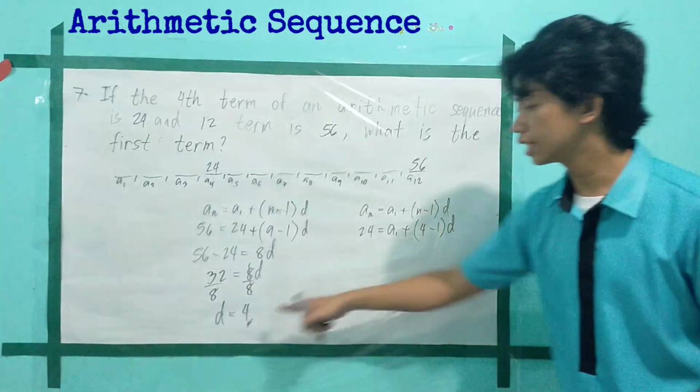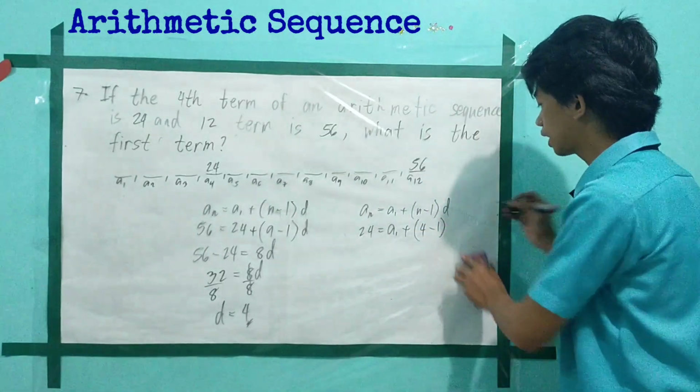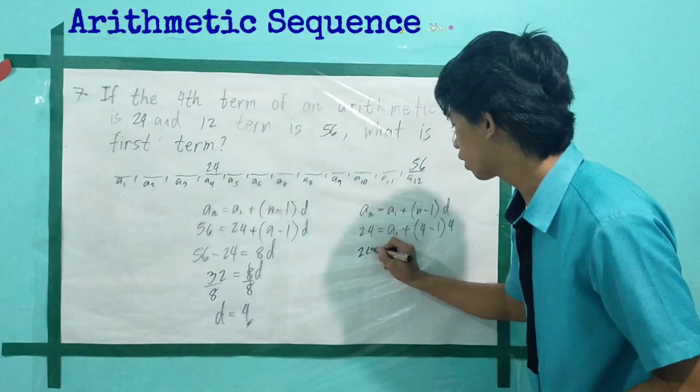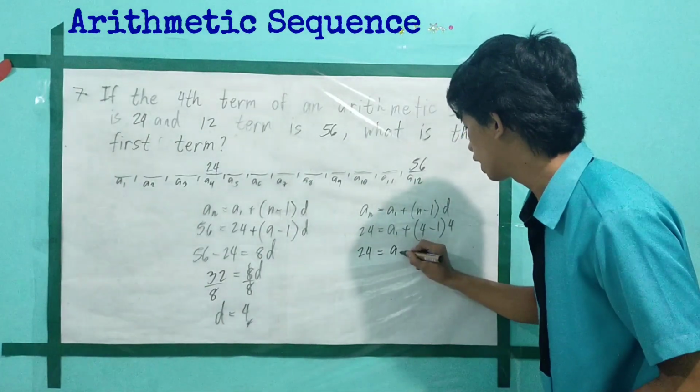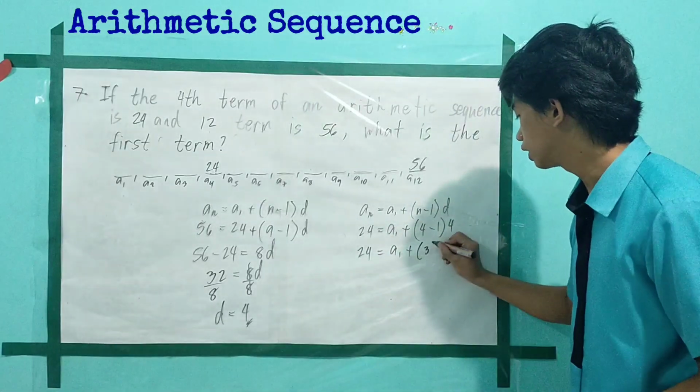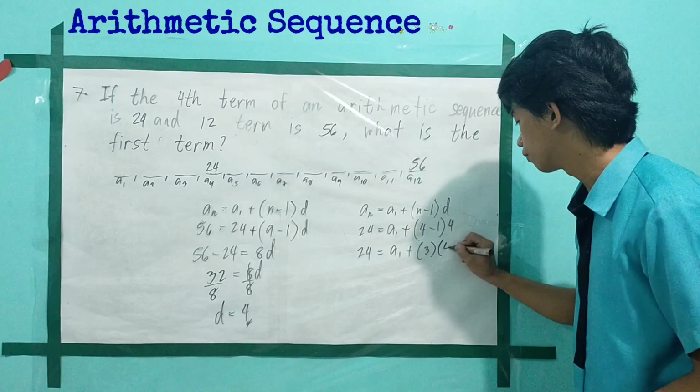Ano yung common difference natin? We have 4. So, palitan na natin. 24 is equal to A sub 1 plus 4 less 1, we have 3 multiply by 4.